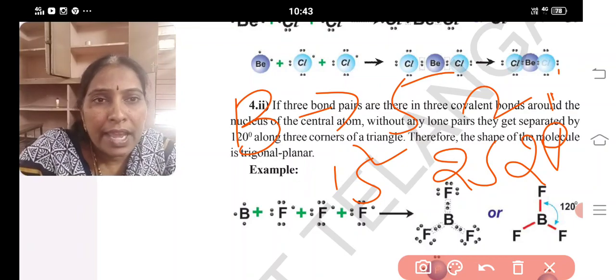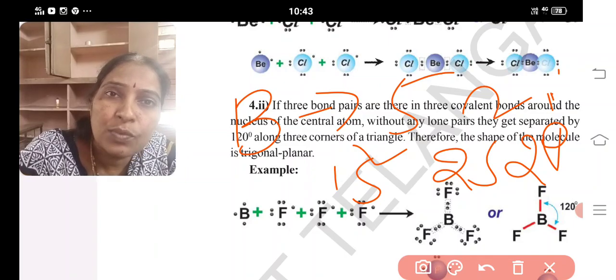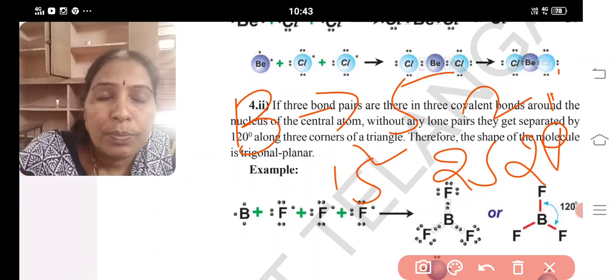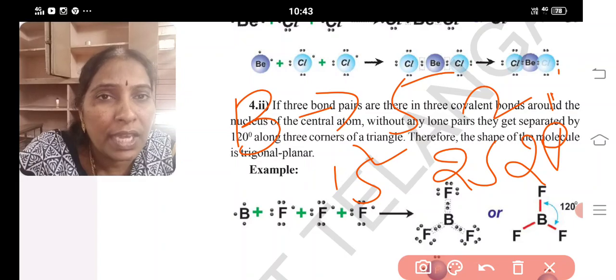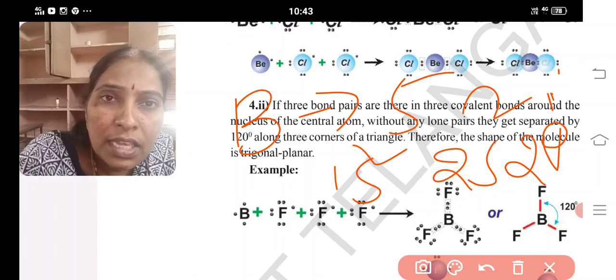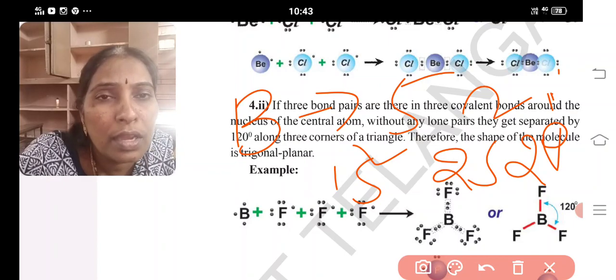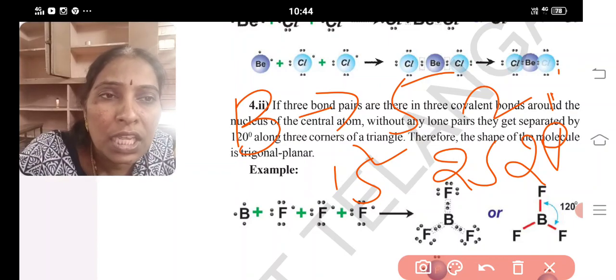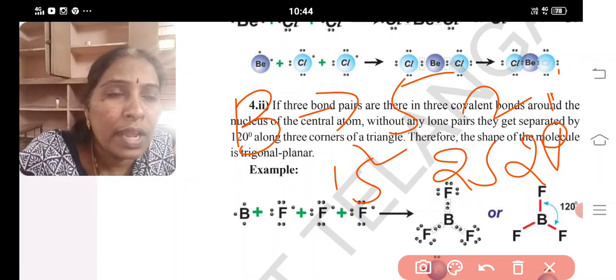Due to hybridization. In hybridization, one electron from the s orbital is transferred to the 2px, 2py, 2pz. If you transfer one electron from the s orbital to the p orbital, it gets 3 unpaired electrons, and these 3 unpaired electrons of boron are ready to combine with the 3 fluorines and form boron trifluoride.